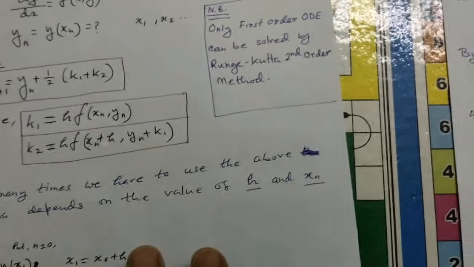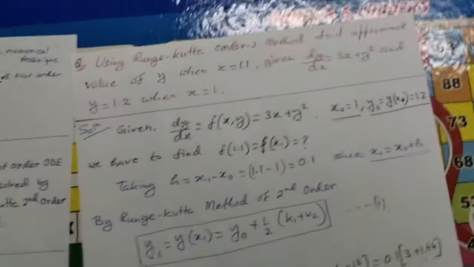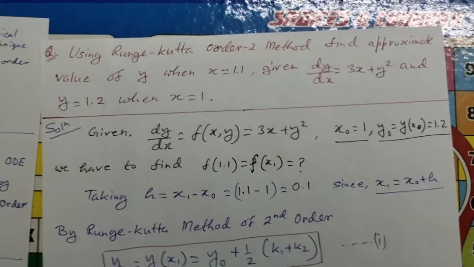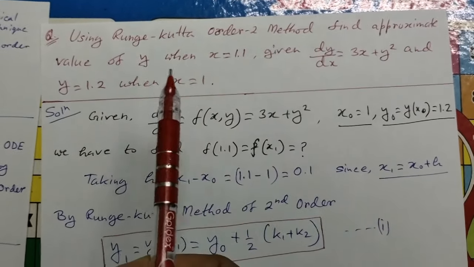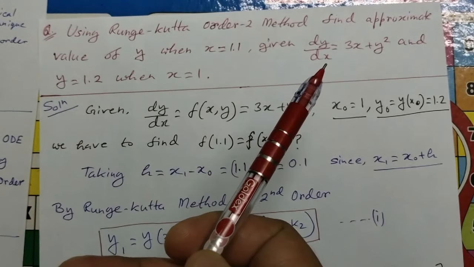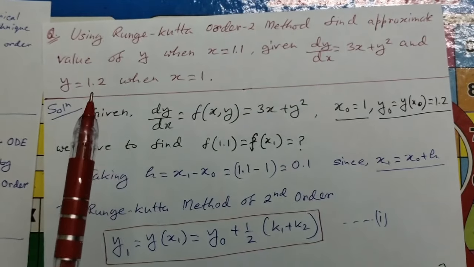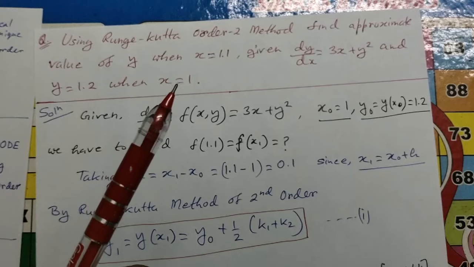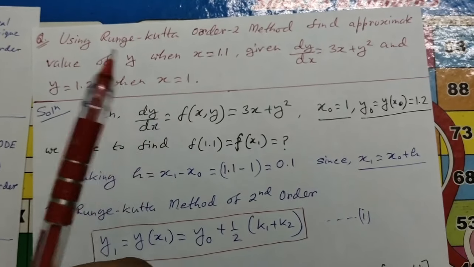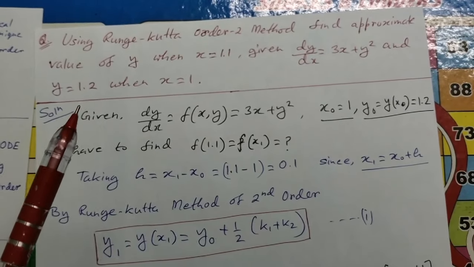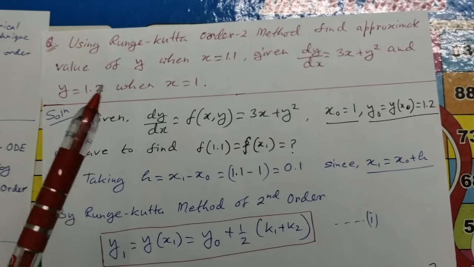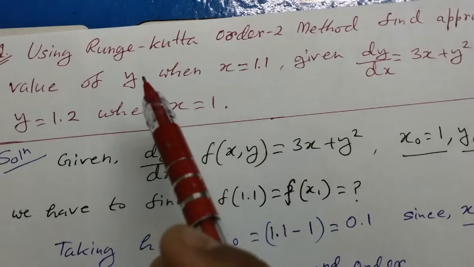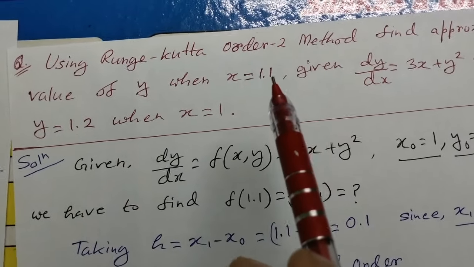Now consider a problem, then this method will be easier to understand. Using the Runge-Kutta order 2 method, find the approximate value of y when x equals 1.1, given dy/dx equals 3x plus y squared, and y equals 1.2 when x equals 1. So y0 is 1.2, and we have to find the value of y for x equals 1.1.